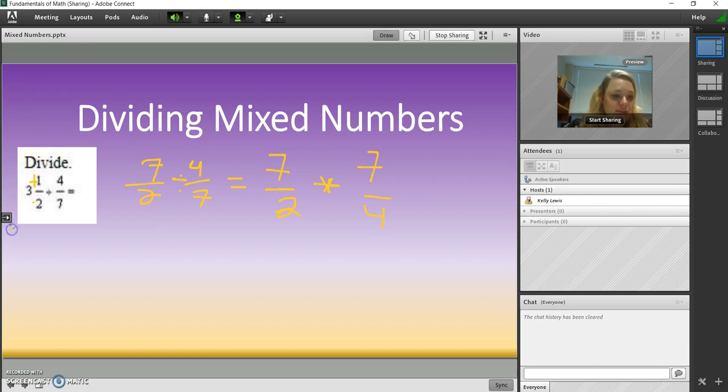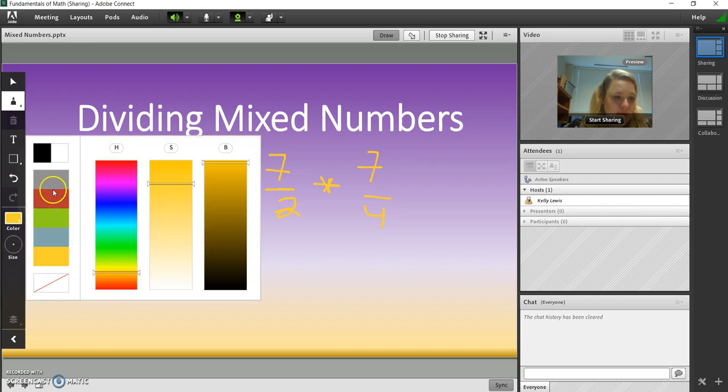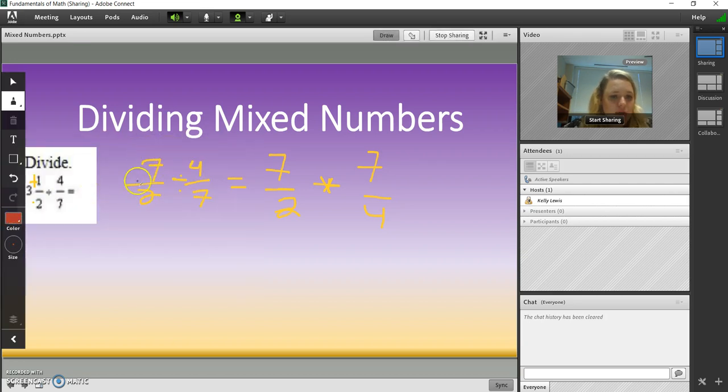You cannot take this 7 right here and this 7 reduce, and this 2 and this 4 reduce. You can't do that. You can only reduce in multiplication like that. So 7 times 7 is 49. 2 times 4 is 8.